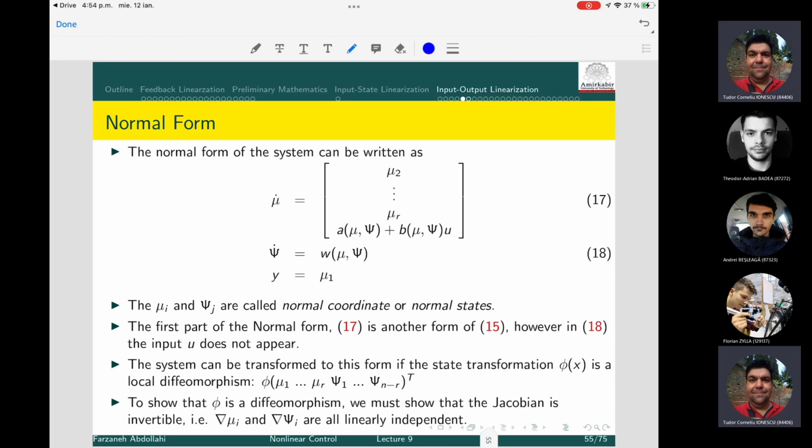You still have a state psi. Psi dot is w of mu and psi, and the output y is mu1. The mu and the psi are called the normal coordinates or the normal states of the system. The first part of the normal form in 17 is another form of 15. However, in 18, the input u does not appear.